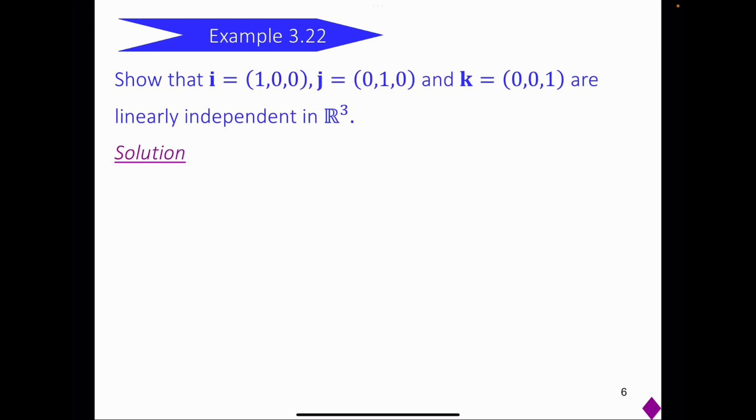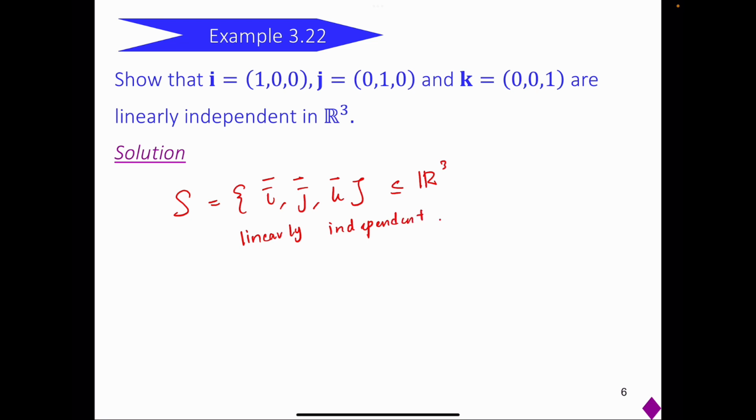In this example, we have to show that i, j, and k form a linearly independent set in R3. So now we have S with i, j, and k, as given in the question, a subset of R3, and S is a linearly independent set.